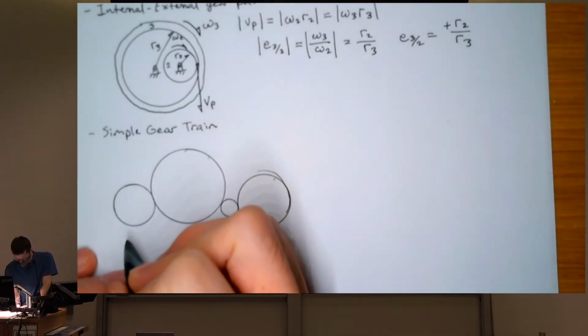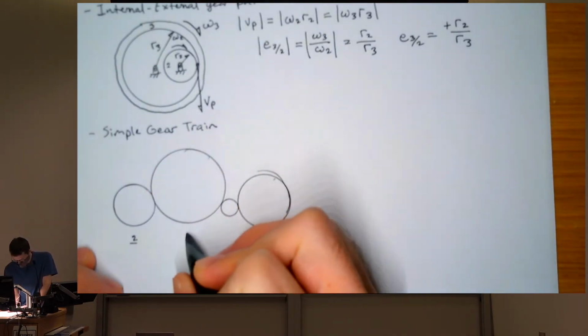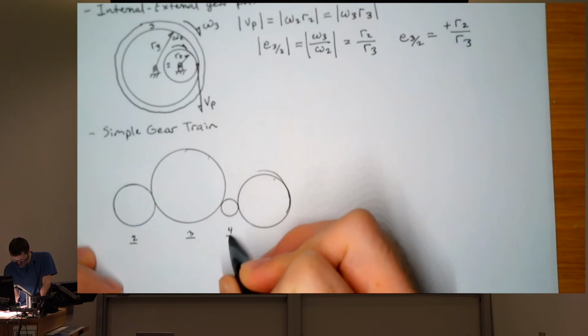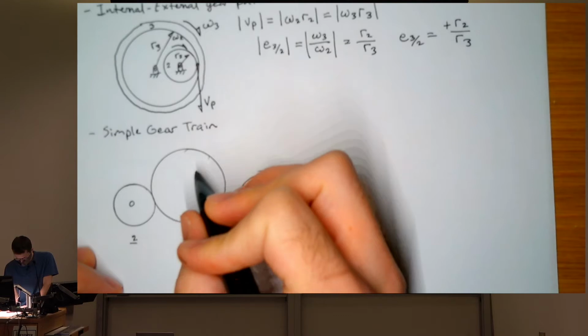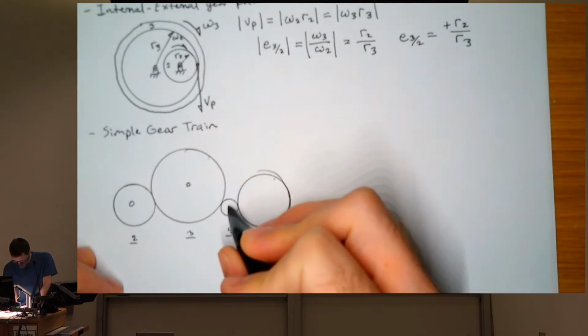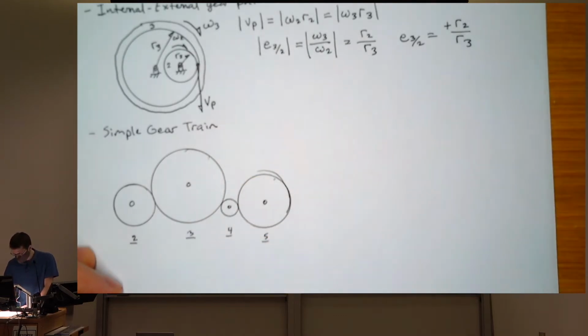So here we have gear 2, gear 3, gear 4, and gear 5. And we're just going to do a bunch of external gear pairs.